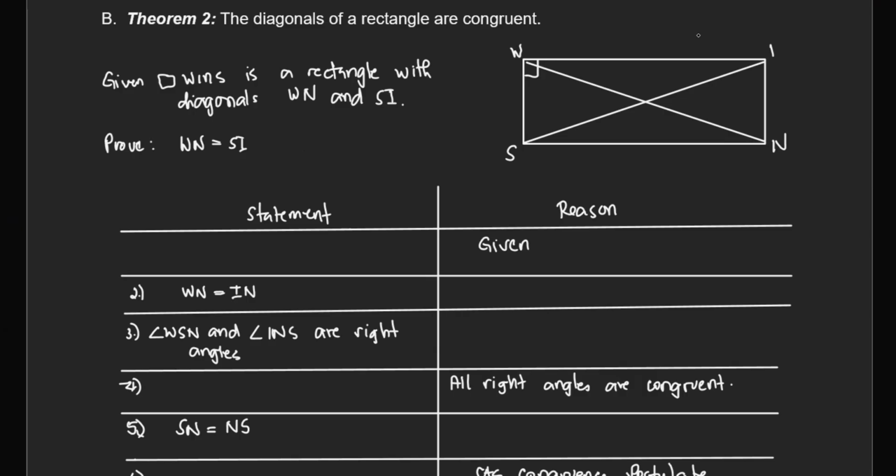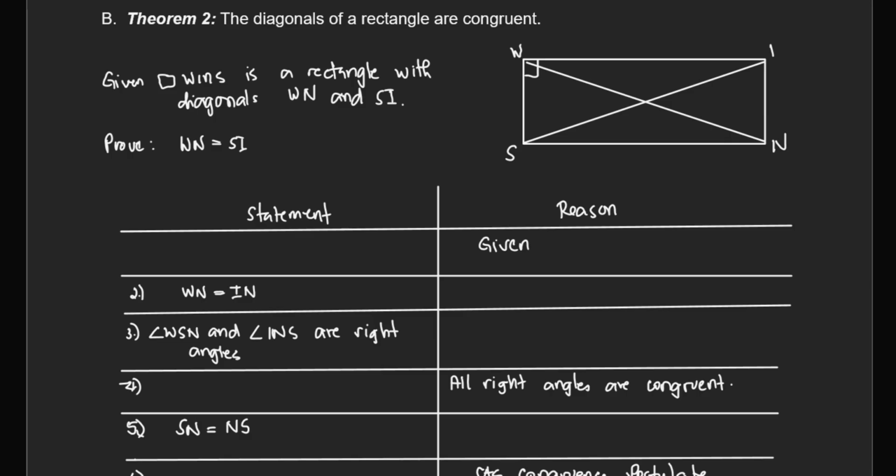Now, let's proceed to theorem number two. So theorem number two states here that the diagonals of a rectangle are congruent. So basically, pag sinabi po natin diagonal, ito yung line na nagka-cut ng isang parallelogram.